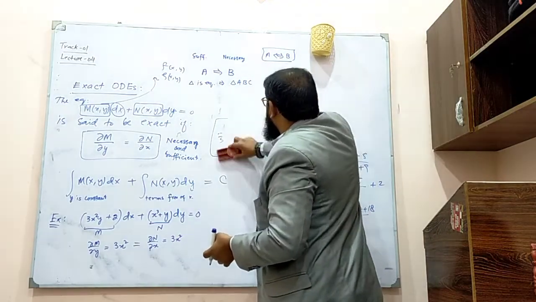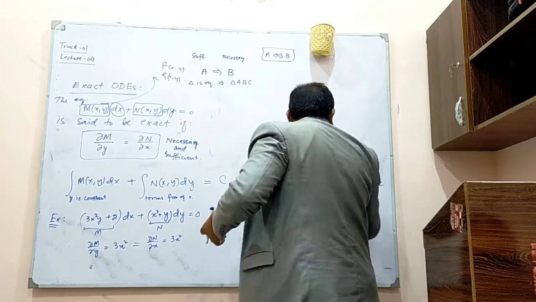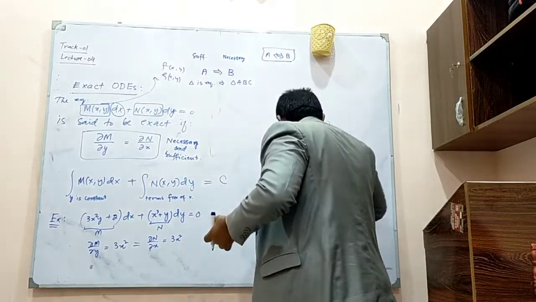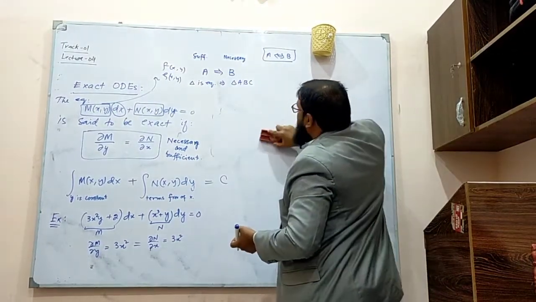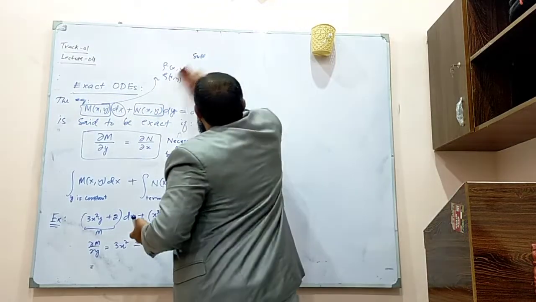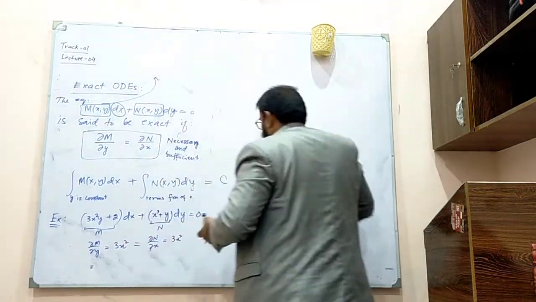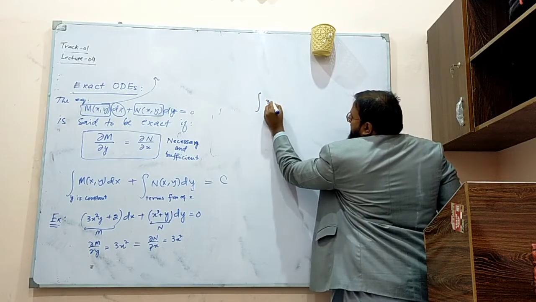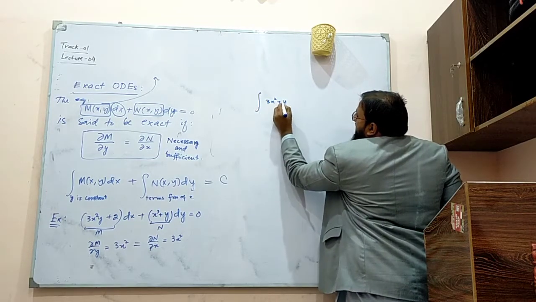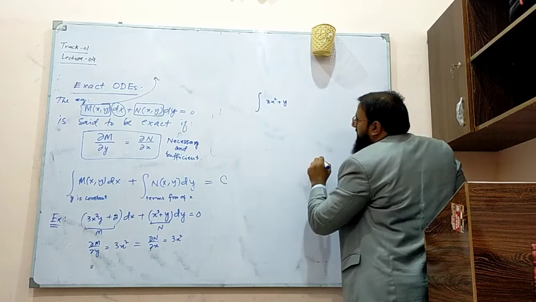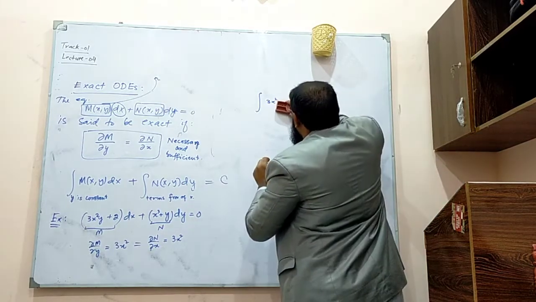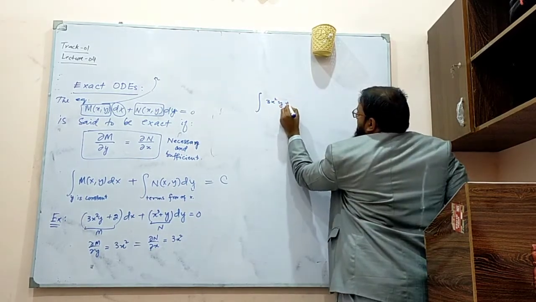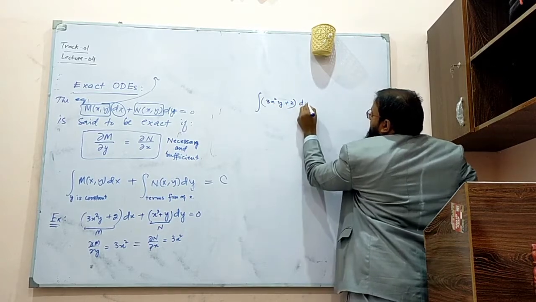Now you are just supposed to solve it. How to solve? You just integrate your M, that's 3x square y plus 2, dx.